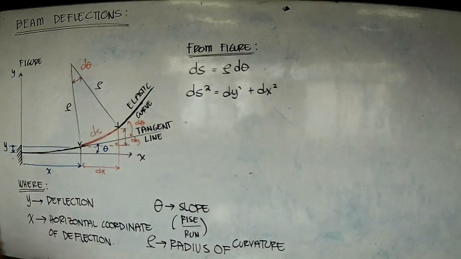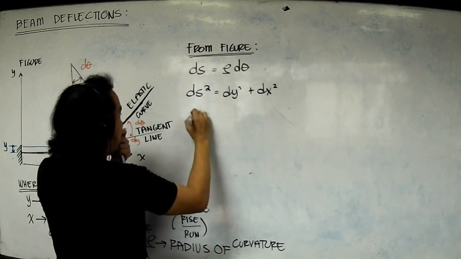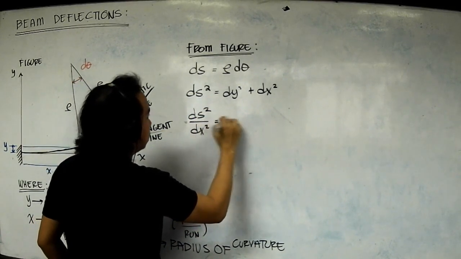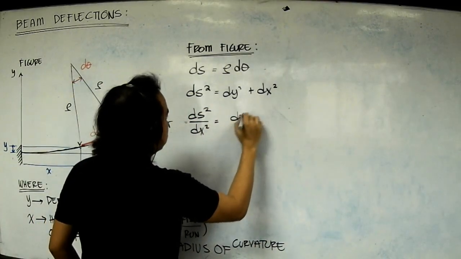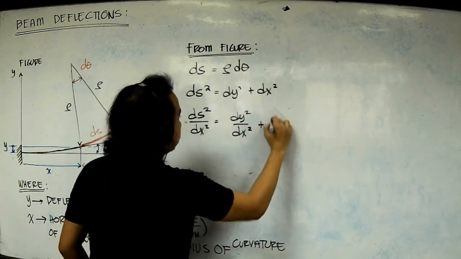Pythagorean theorem. Now I divide everything by dx, so I will have ds over dx equal to dy over dx, all squared, plus 1.